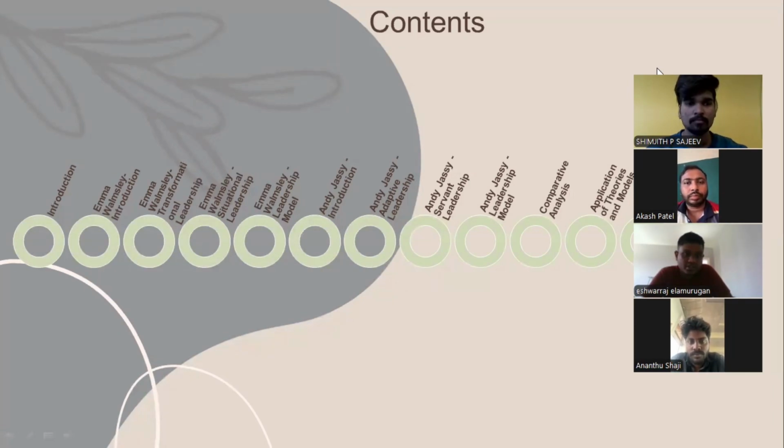First, we present the introduction, and then the Emma Walmsley introduction, Emma Walmsley's transformational leadership and Emma Walmsley's situational leadership, and then the Emma Walmsley leadership model. Next, we go to the other leader, Andy Jassy: his introduction, Andy Jassy's adaptive leadership and servant leadership, and the Andy Jassy leadership model, and compare the leadership analysis.